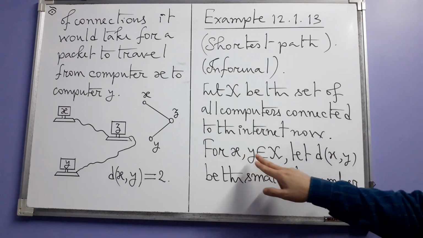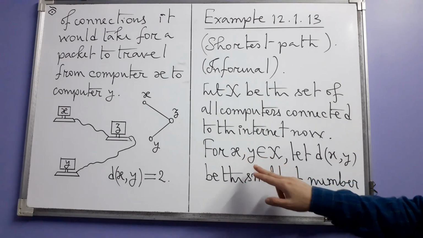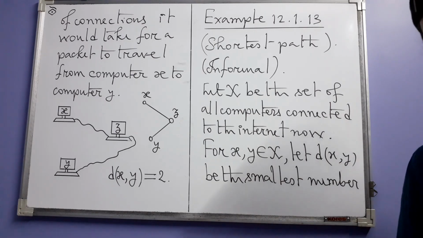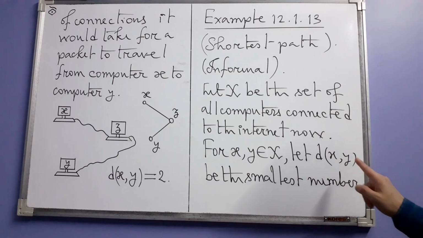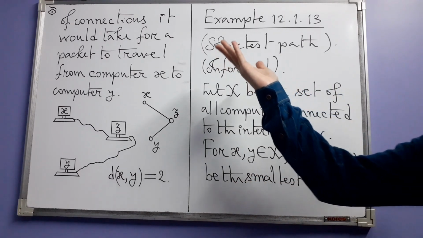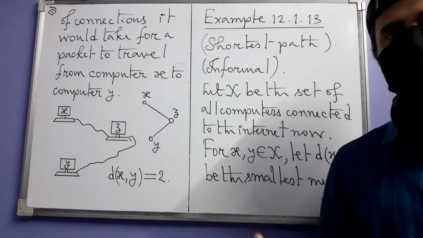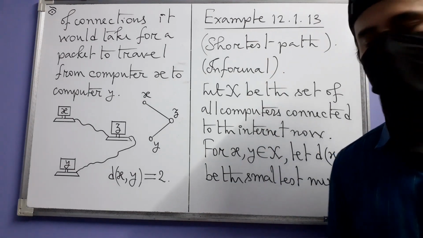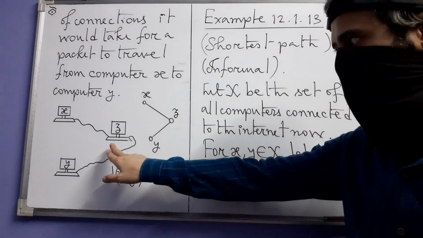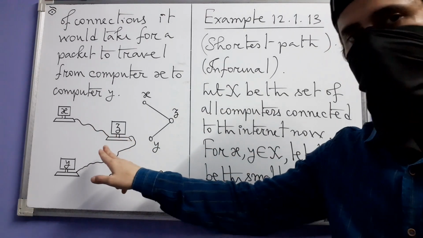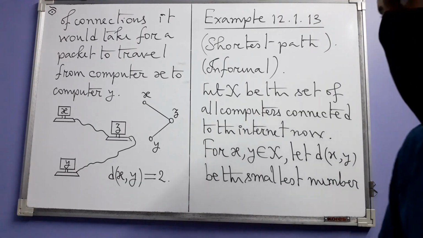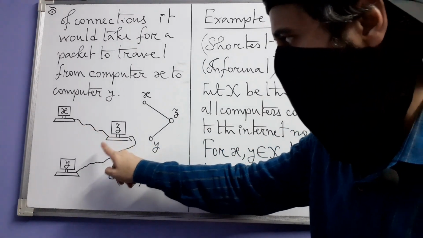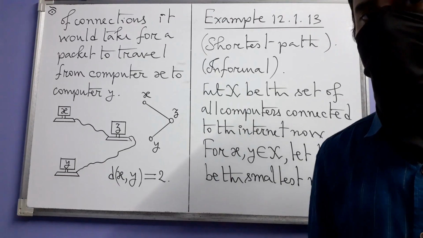And for any x and y in X, that means x and y are two computers connected to the internet, let d(x,y) be the smallest number of connections it would take for a packet to travel from computer x to computer y. If there is another computer between them, say x and y are not directly connected to each other, but their connection is through this intermediate computer.